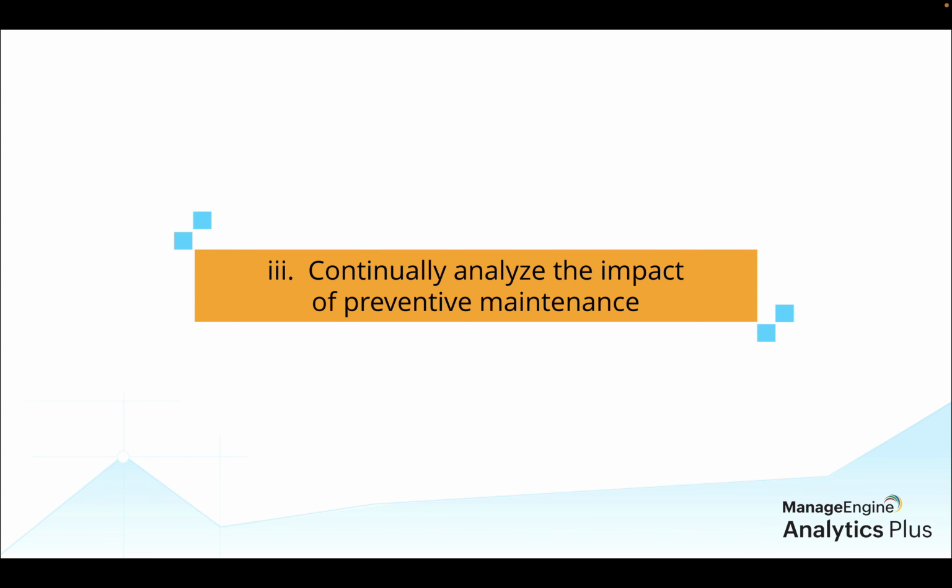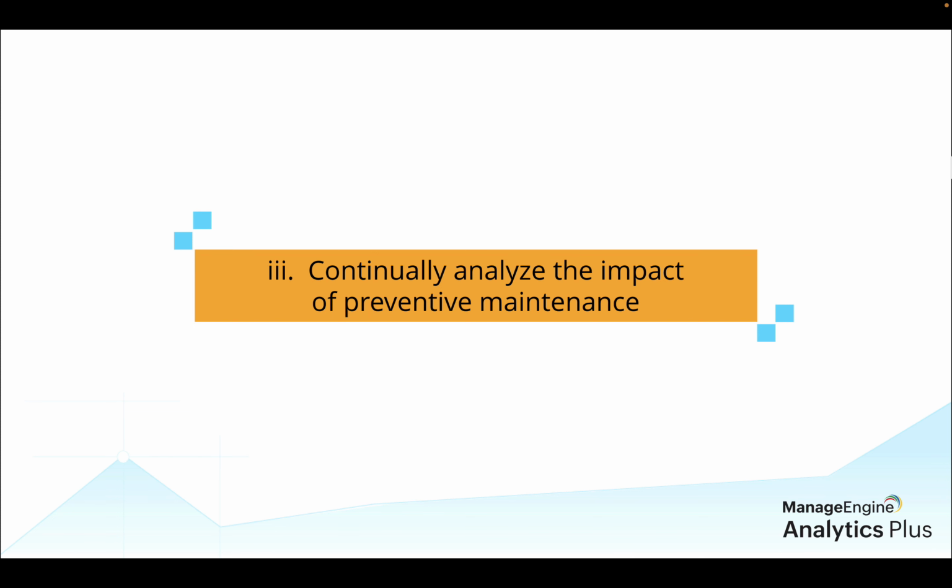Before we move on to the next step of our three-step approach, we must assess whether the configured preventive maintenance strategies are delivering the intended operational improvements to our IT. By analyzing the impact of preventive maintenance initiatives on key maintenance indicators like mean time between failures, mean time to repair, and downtime, we can measure the effectiveness of these strategies and course correct as required.